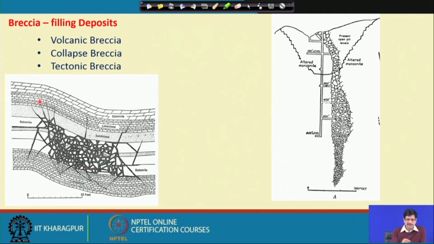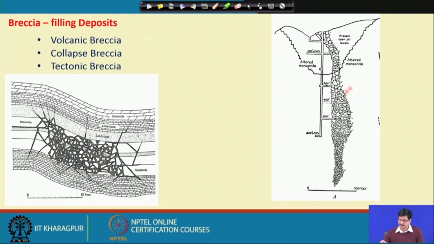So these are different types. They could be either a volcanic breccia, a collapsed breccia or a tectonic breccia. Here is an example of a tectonic breccia which is formed within the dolomite, and the mineralization has taken place within the spaces created by the breccia, and there becomes a zone which is porous and allows the fluid infiltration and deposition of ore minerals.